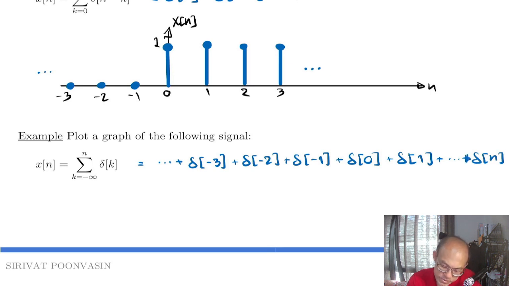Okay, but you see this one is 0. This one 0, 0, 0. This one is 1. This one is 0.